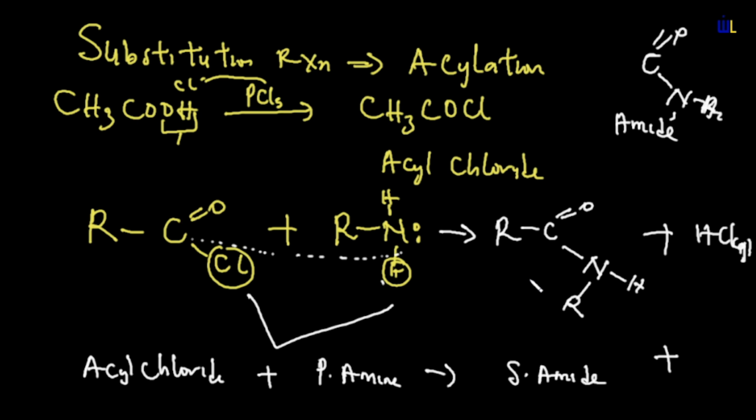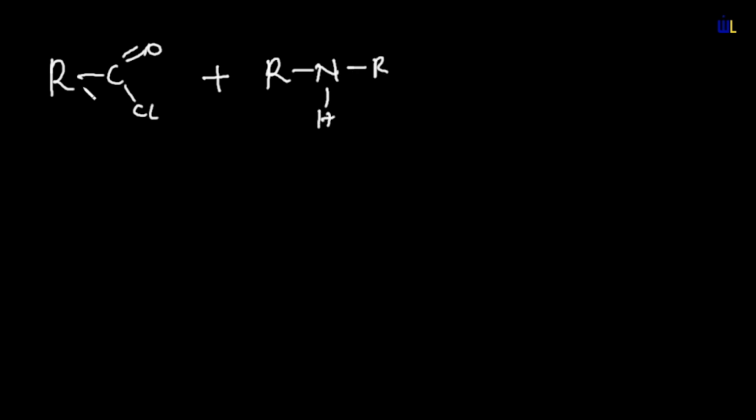Okay, so let's go into some other reactions that could occur. Let's attempt performing a reaction between an acyl chloride and a secondary amine and see what happens here. As stated initially, this particular chlorine will combine with this hydrogen and the both of them will form hydrogen chloride, while a bond is formed between this particular carbon and this nitrogen.